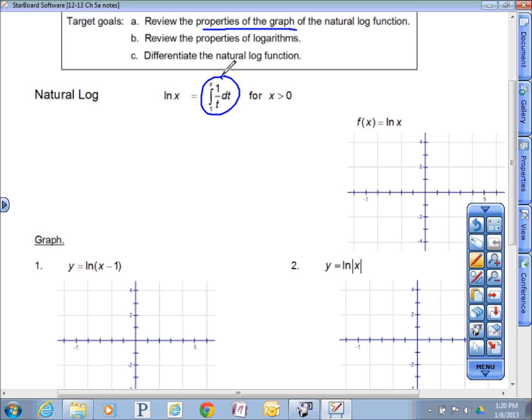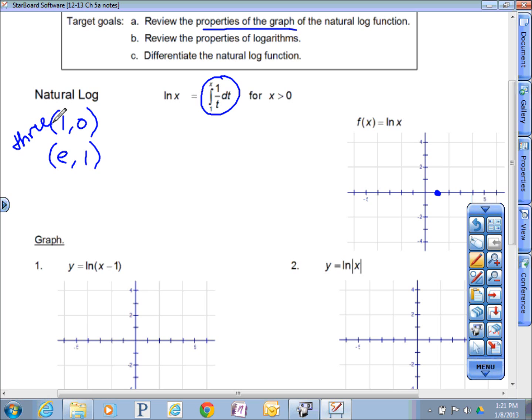For now, here's a little bit of a review on what we know about the natural log function. Hopefully from your days in pre-calc, you'll recall that every natural log function goes through 2 points. One of those points is the point (1, 0), and it also goes through the point (e, 1). Why? e is the base of that natural log, so it goes through these 2 points every time.